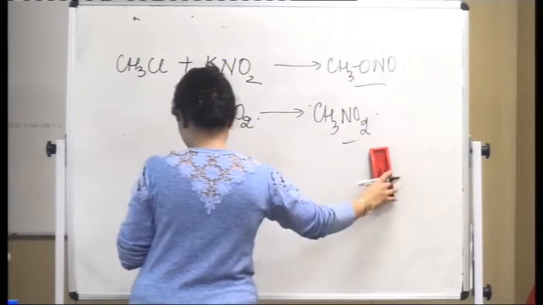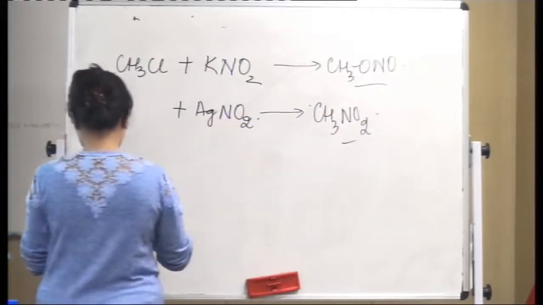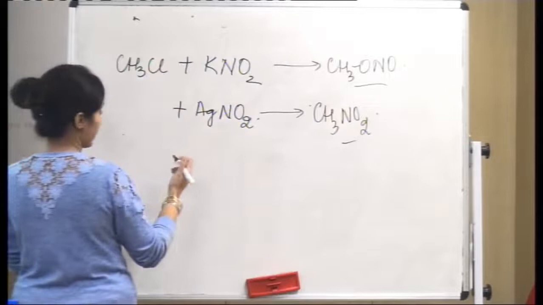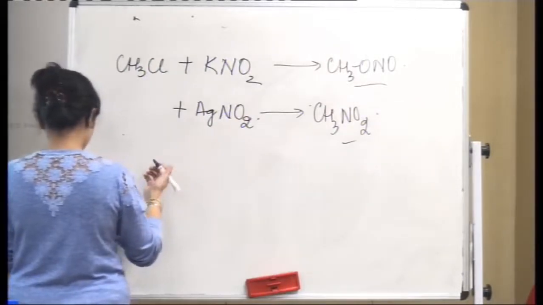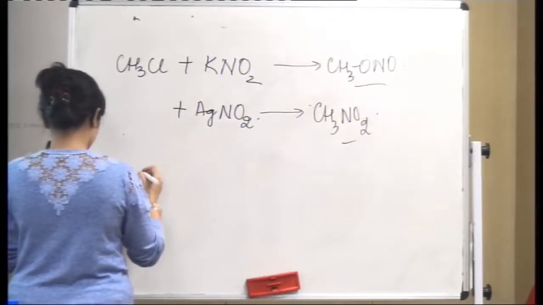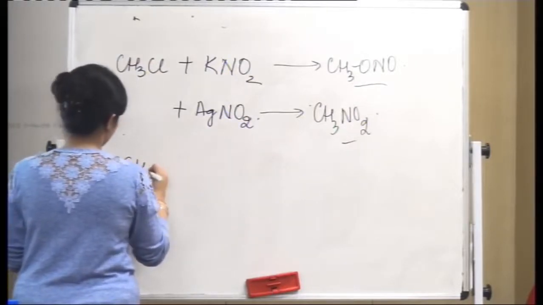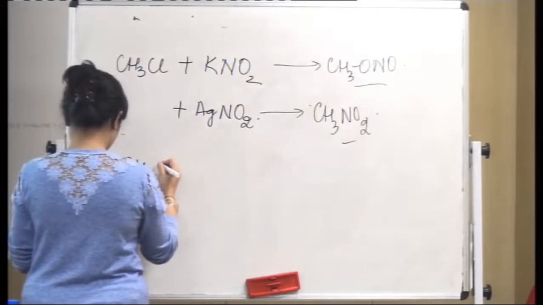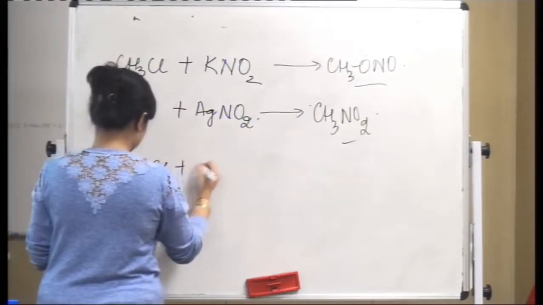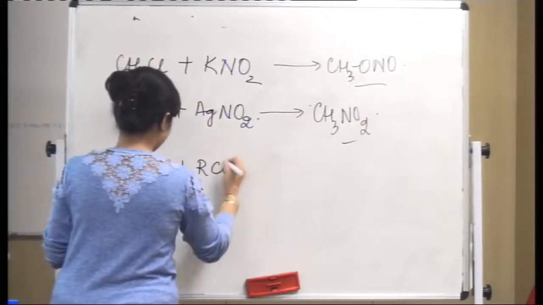Okay, then in AgCN case you get R-NC, R-ONO is done. Then, when you have CH3Cl plus, you tell me for this quickly.